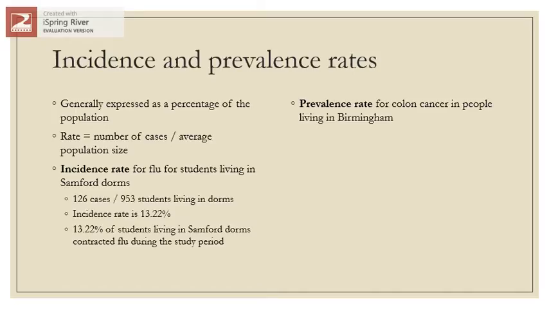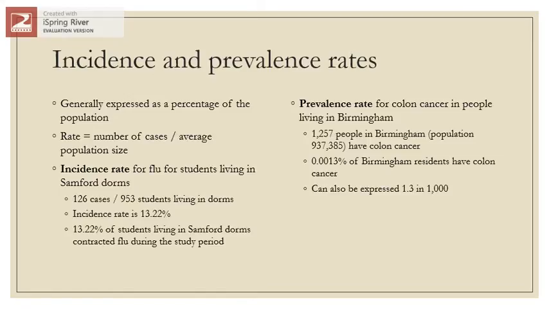The prevalence rate, we would never calculate a prevalence rate for flu because flu is acute. So something chronic like colon cancer, a prevalence rate would be appropriate. So the prevalence rate for colon cancer in people living in Birmingham, let's say that 1,257 people in Birmingham, which has a population of 937,385, have colon cancer. So what you do is calculate it the same way as the incidence rate.